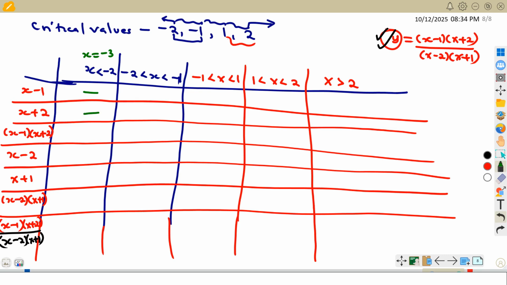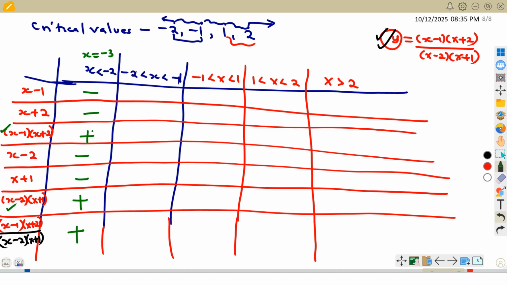We are multiplying the two, and a minus times a minus will give us a positive. Then next, when you put negative 3 here, it will give us a minus, and negative 3 here, it is a minus. Multiply the two, it will give us a positive. And lastly, we need to divide this with this. You are dividing a positive with a positive, and the result will be a positive.